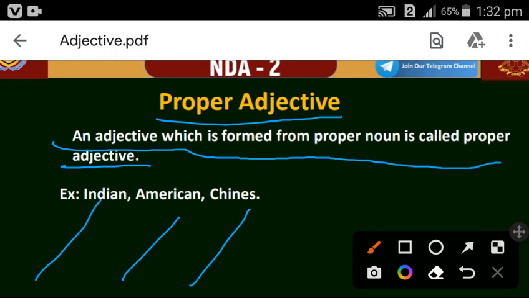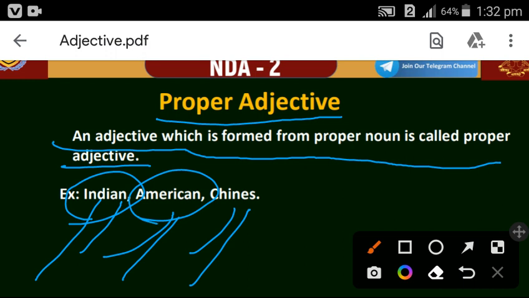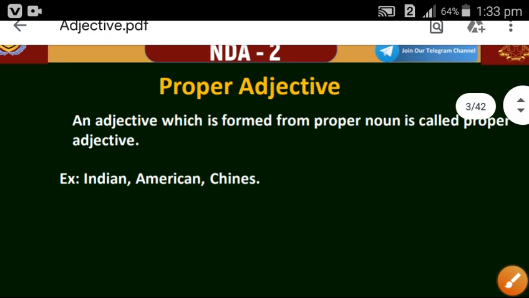All three countries come under proper noun, and when we add "an" to the word India, "an" to the word America, or "ese" to the word China, then it turns into a proper adjective. Indian is not a noun, American is also not a noun, and Chinese is also not a noun. They are considered proper adjectives, right? Okay.